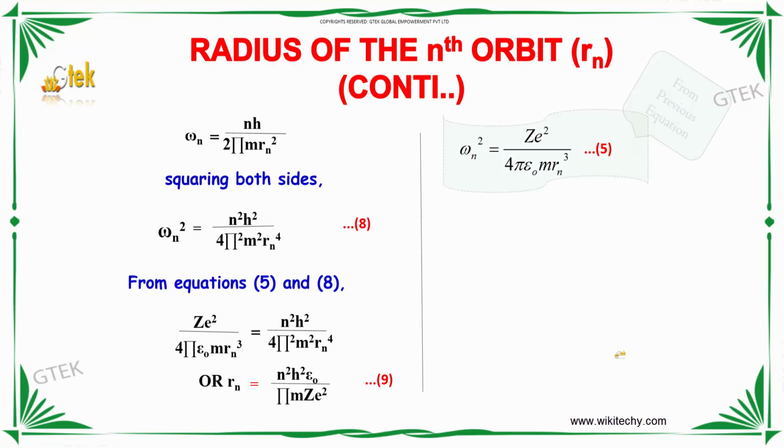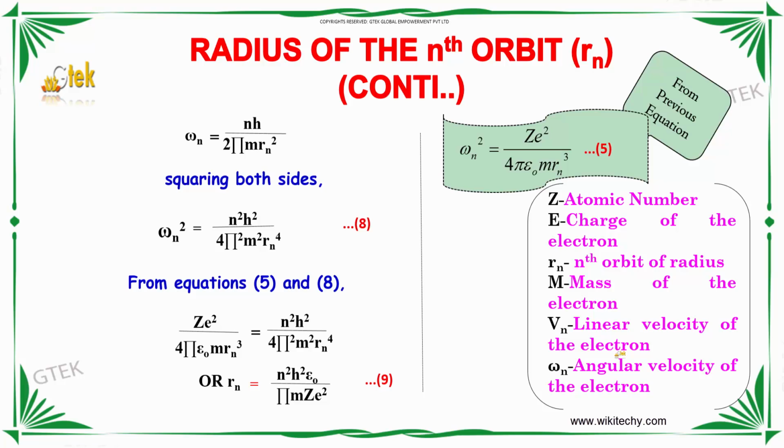Solving these equations, we are able to get the radius Rn. As I told, omega n square is equal to Z e square divided by 4 pi epsilon naught into m Rn cube. As you know, omega n is equal to nh by 2 pi m Rn square.